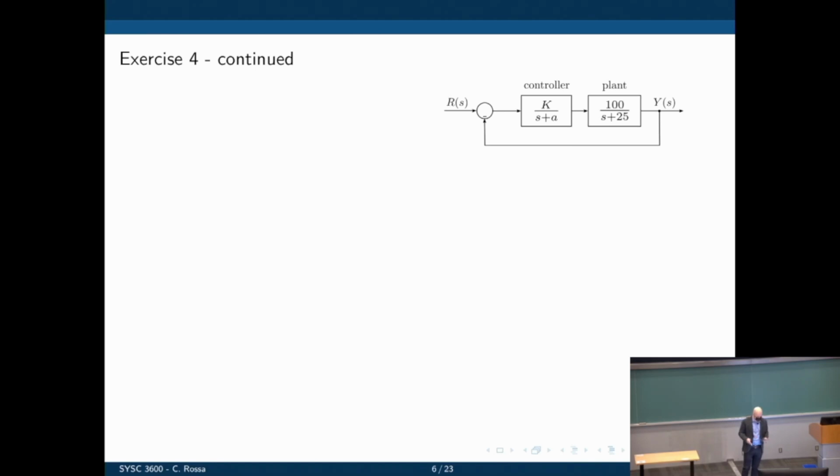Well, let's start by finding the closed loop transfer function. Now, at this point, it should be very clear that the transfer function is y over s, that is 100k divided by s plus a times s plus 25, all divided by 1 plus the same thing.